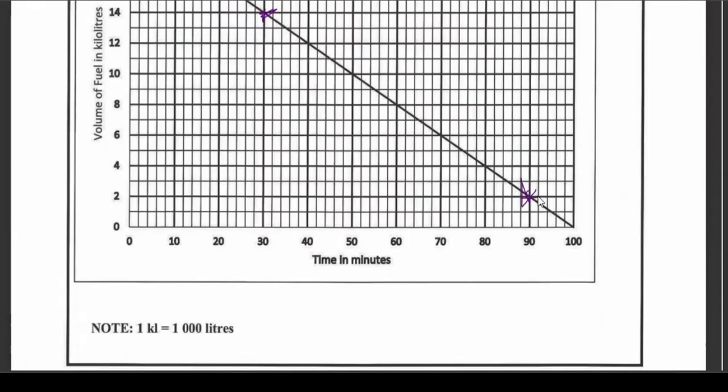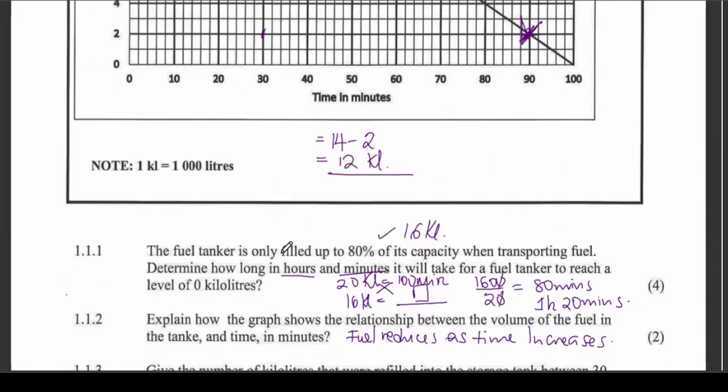So from here to here, simply meaning we have 14 minus 2. So these were 12 kiloliters. That's what they're asking us.